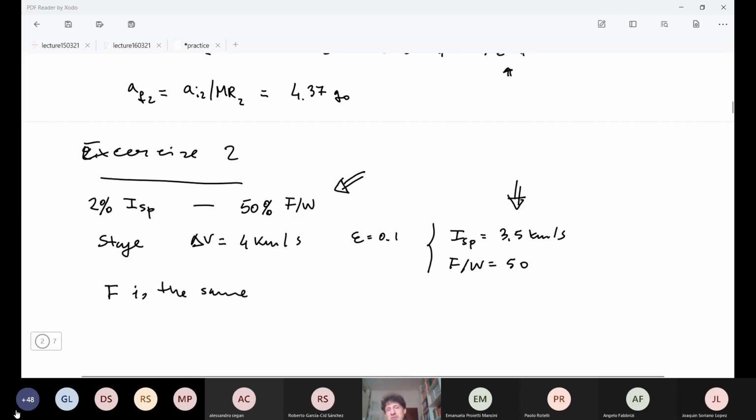So we change the specific impulse, we have the same thrust, it means that we have something less in terms of mass flow rate. Let me see if you need more data.